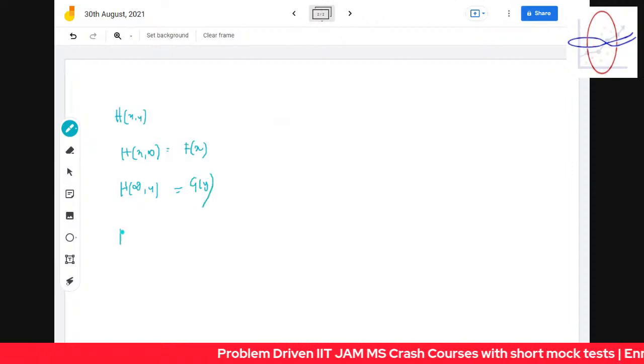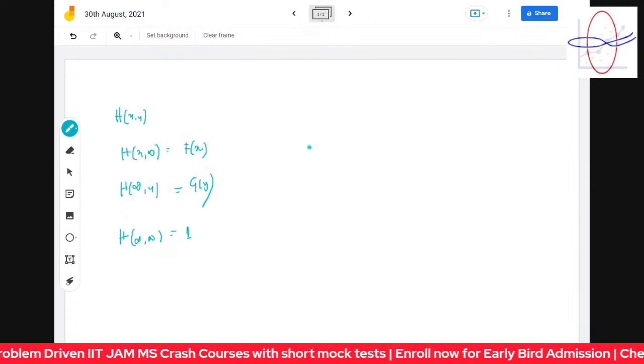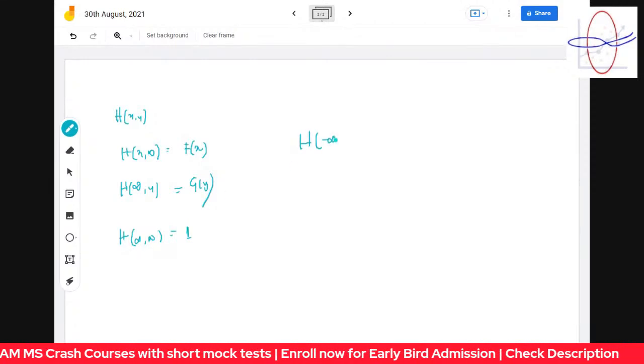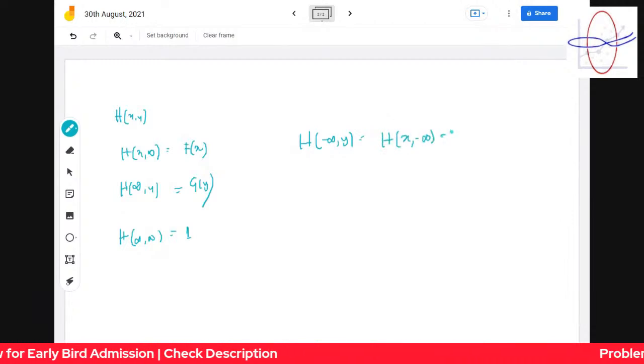Also, you have to show that h of infinity comma infinity is 1, and h of minus infinity comma any y is equal to h of x comma minus infinity, which is equal to 0.